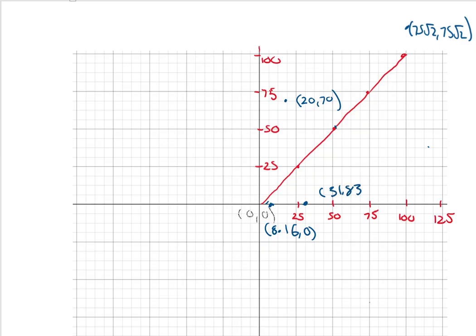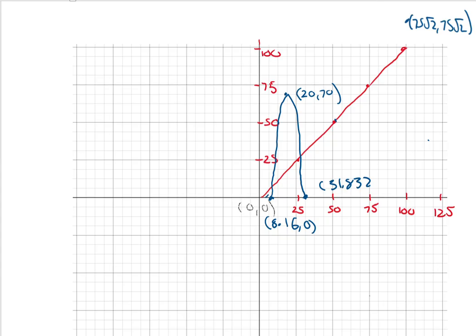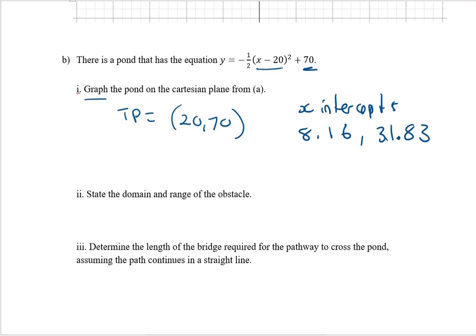So 31.832. Now from there, we are able to graph it. Some people decided to take their graph into the negatives. Again, be mindful that we don't need that. Okay, so now we've got our graph. Let's go to the next part.